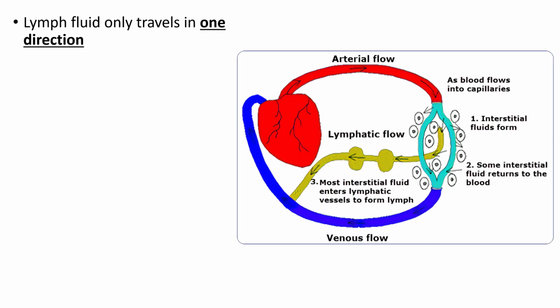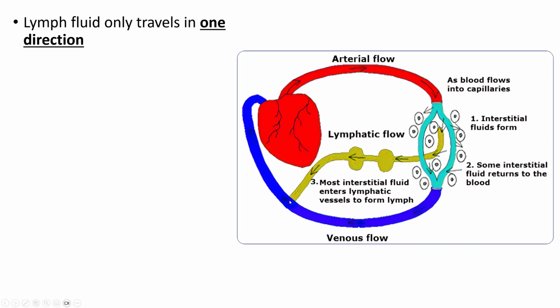So unlike the circulatory system, lymph only moves in one direction. It starts at the tissue level and then drains towards the venous system, which then migrates back into the veins and then gets dumped back into the heart. So any lost fluid, any excess fluid that diffuses out of the capillaries can be picked up and dumped back into the circulation.